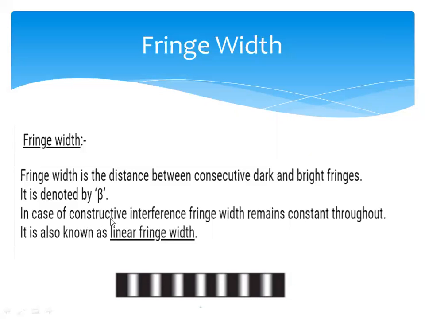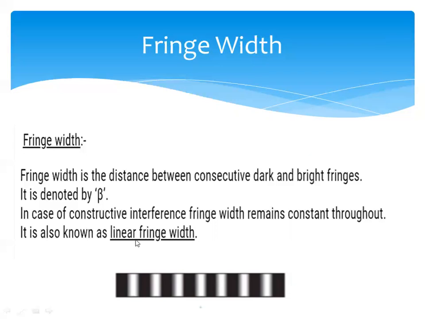In case of constructive interference, fringe width remains constant throughout. Can you see this? Constructive interference means the value is the same, continuous same value. The width will be the same throughout the pattern which is captured here.